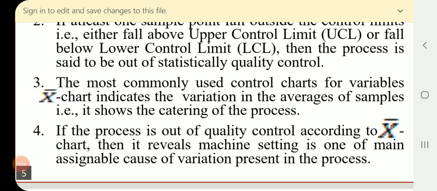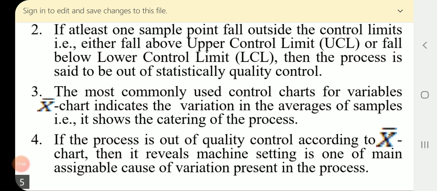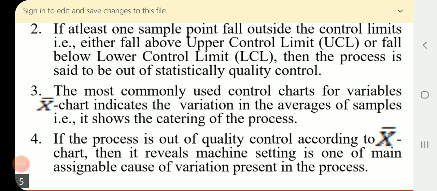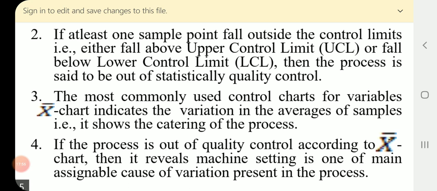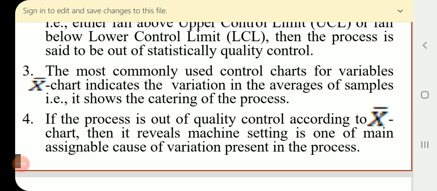So therefore, if you consider there are some changes in the machine setting, that is one of the important assignable causes of variation according to XBar chart we can specify. That is called scattering of the process. Based on this, we are giving a particular conclusion that machine setting is one of the assignable causes of variation.